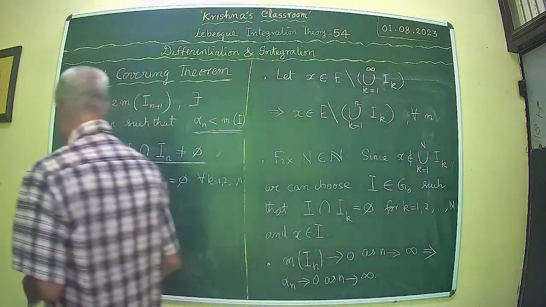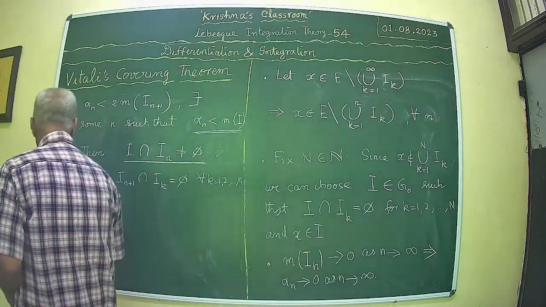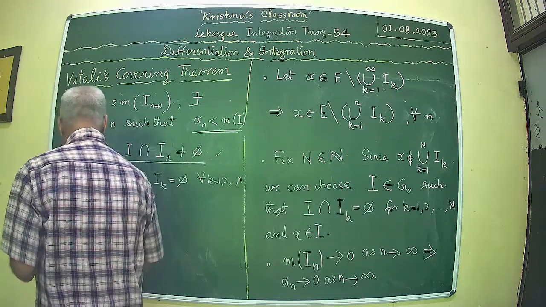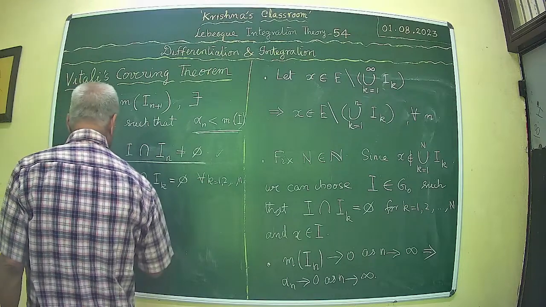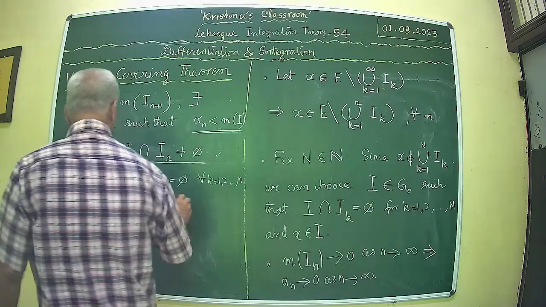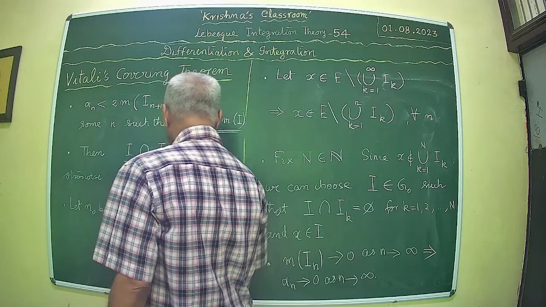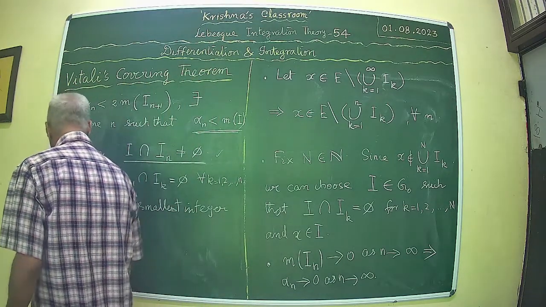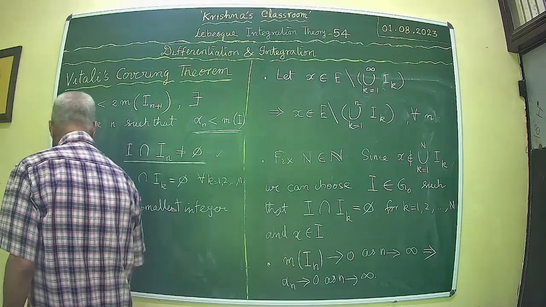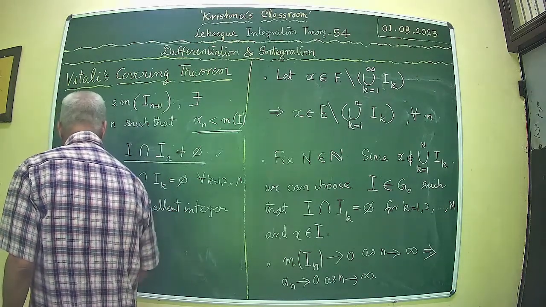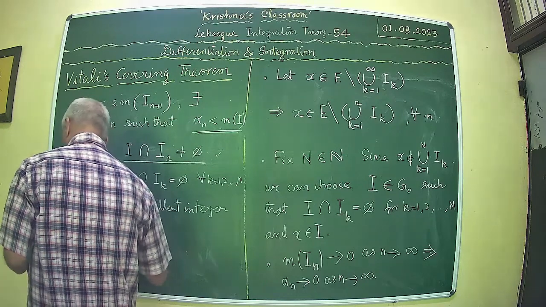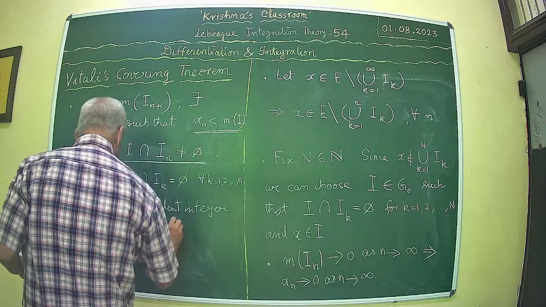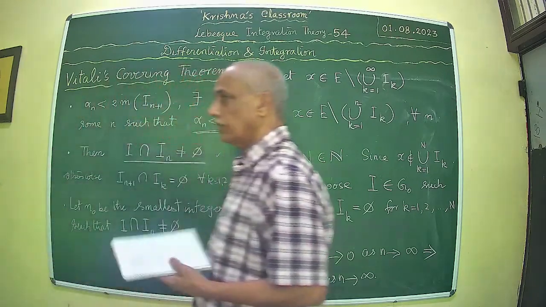Okay. So let n naught be the smallest integer for which I intersection I_n is non-empty.